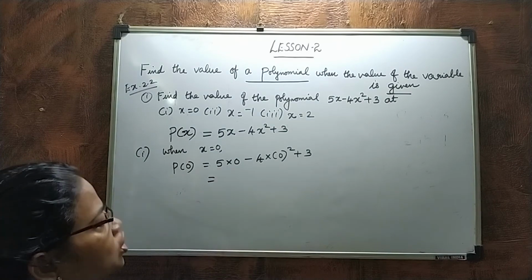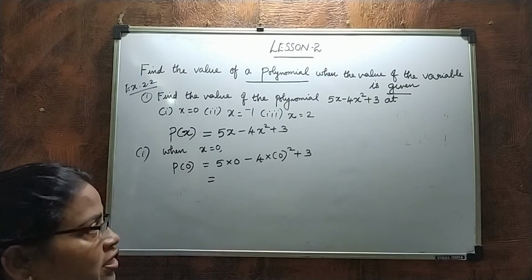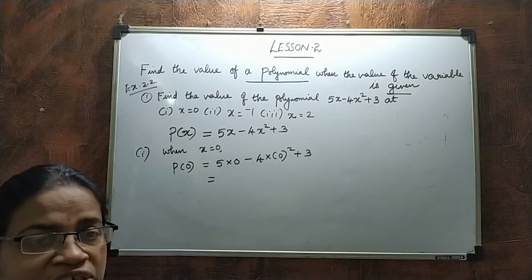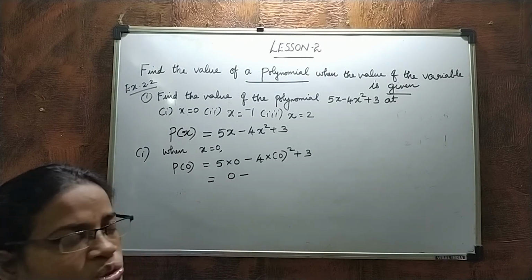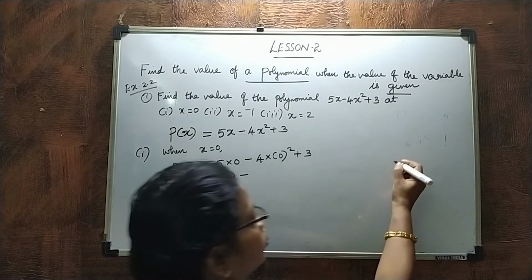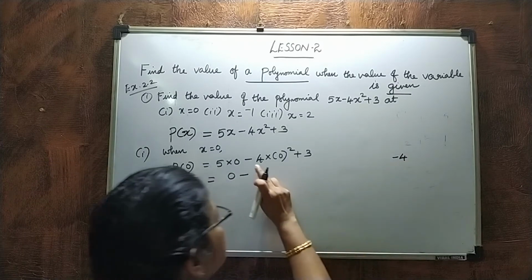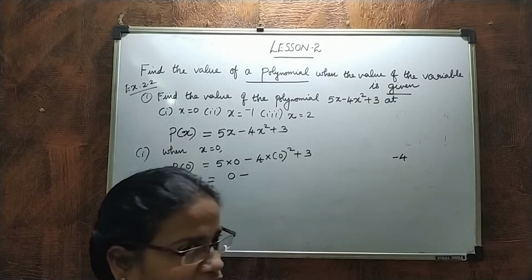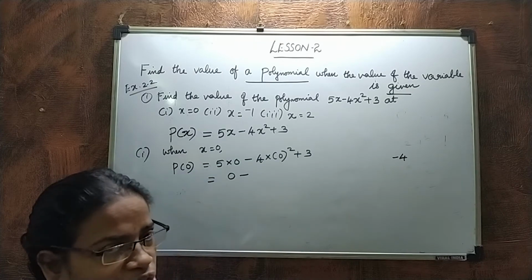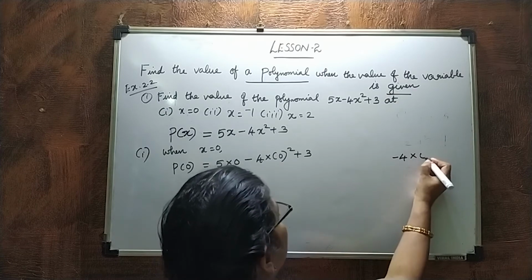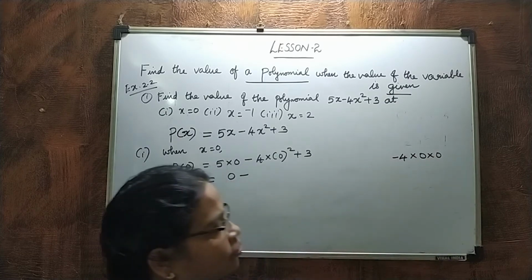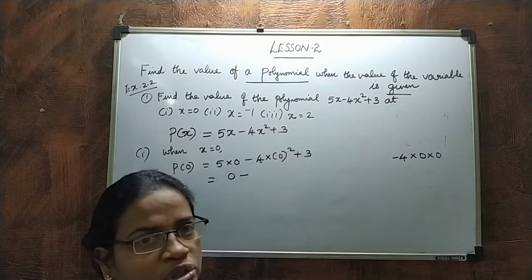Okay, then 5 into 0: any value multiplied with 0, you will get the answer 0 itself. 0 minus 4 into 0 square. Here it is minus, so you have to practice taking the minus or negative with the answer itself. 0 into 0, what is 0 into 0? 0.